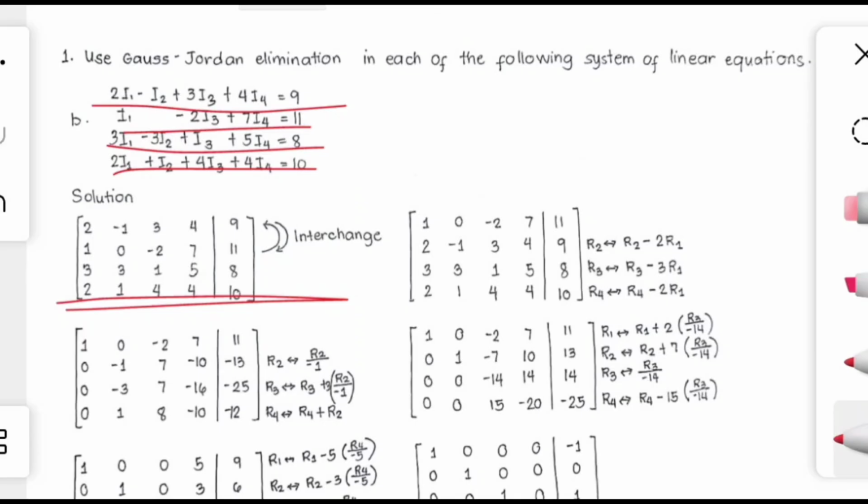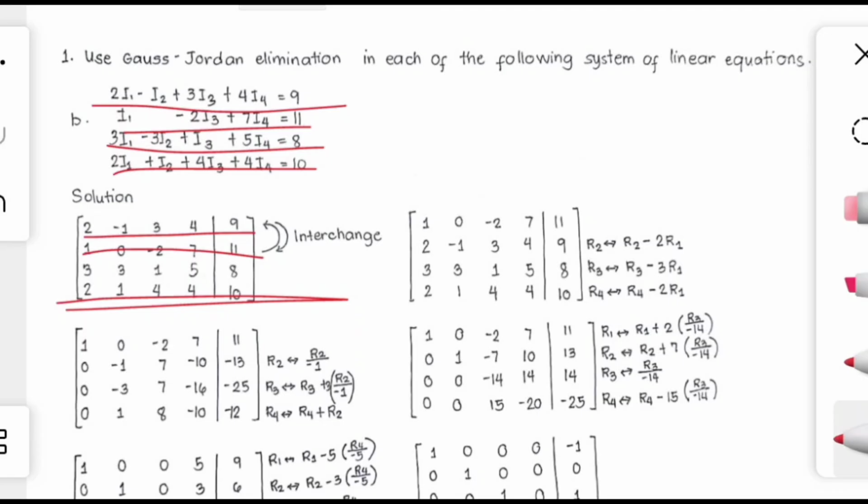As you can see here, for the first column, row 1 and row 2 have 2 and 1, so we can just interchange these rows. Since we have already established the 1 in row 2, we can interchange it to row 1 so that we don't have to divide it by itself to form a 1.